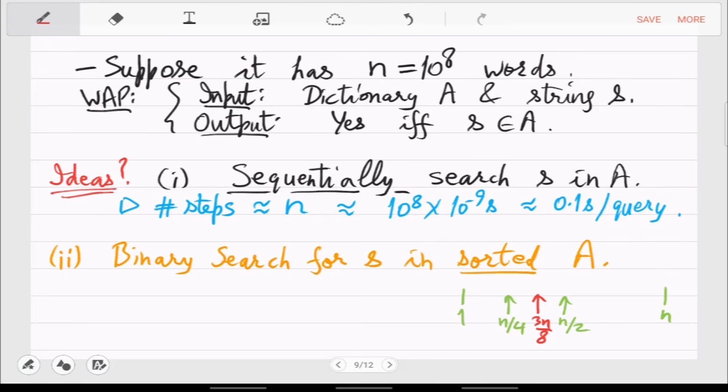So basically, to go to the middle is one step, and then another half is one more step, another half is another step. So if you do this analysis properly, you will see that it will take only log n steps, because every time you are halving the space, and the overall space is only n. So n becomes n by 2, n by 2 becomes n by 4, n by 4 becomes n by 8, and so on.